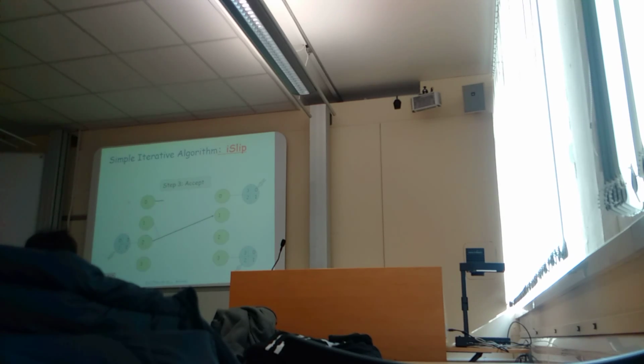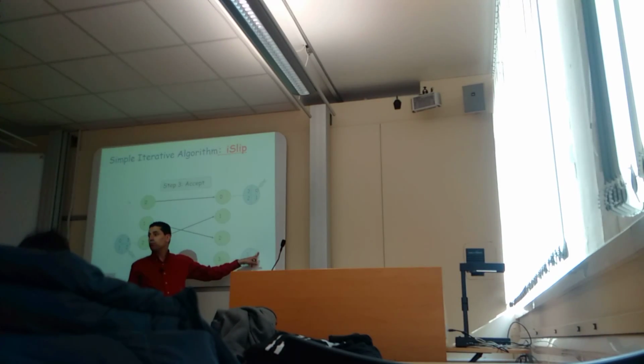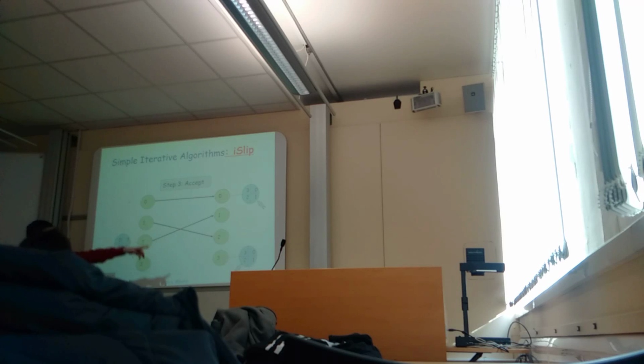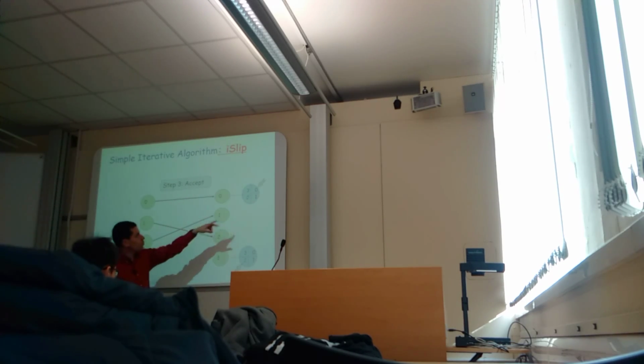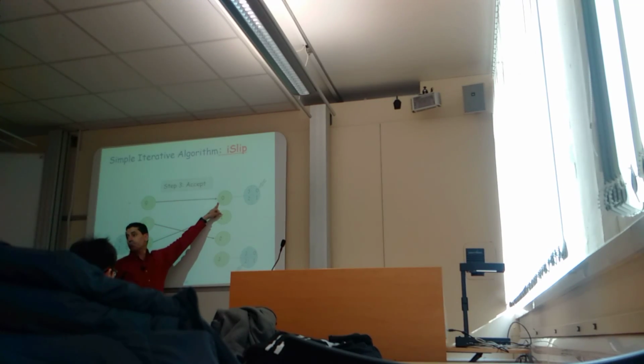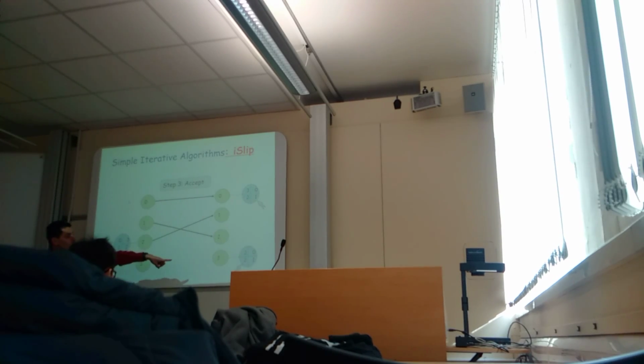Therefore the pointer goes back. This one moved. This one was pointing here. It will go back there. This one moved. Mind you, this one, because it is accepted, moved. That one will move back. That's it. That's the key point between iSLIP and round robin.